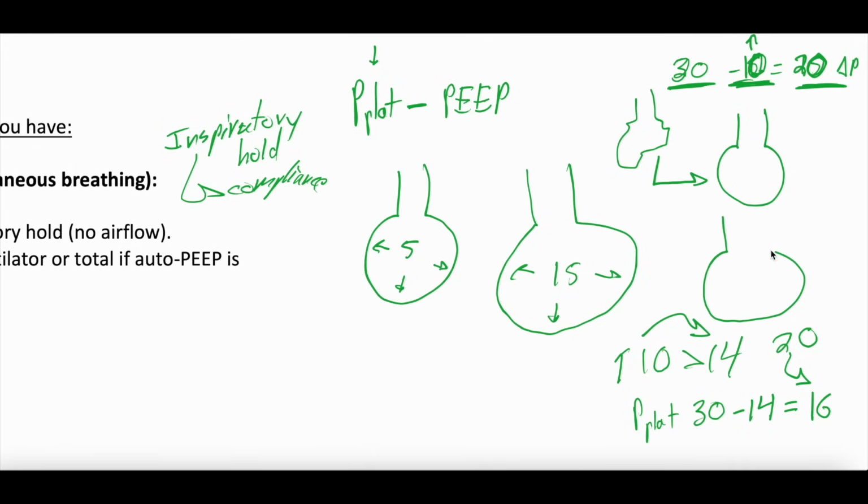So now this alveolus is super over-distended at that PEEP of 14, and I check a plateau pressure, and that plateau pressure is probably 36 now. So if I do a driving pressure now, 36 minus 14, that driving pressure is now 22. It got worse. It went up. And that tells me that that PEEP change is just over-distending alveoli. It's causing more barotrauma. It was the wrong thing to do, if that makes sense. We'll come back to it.